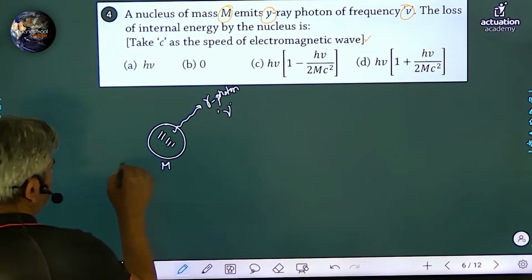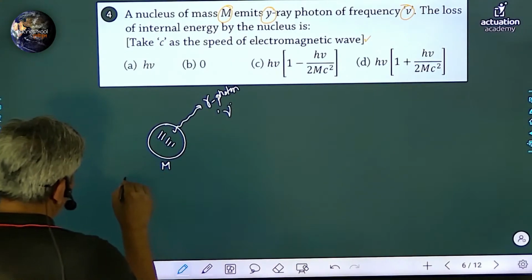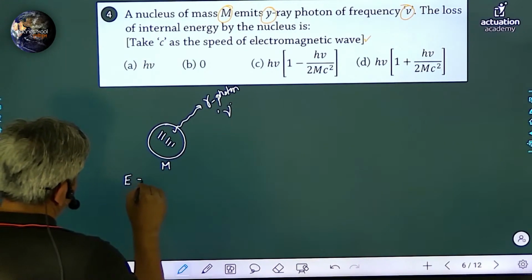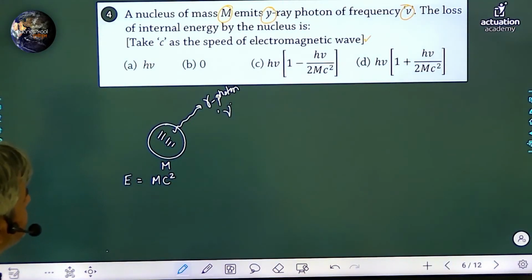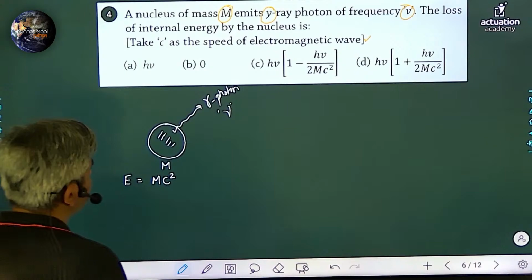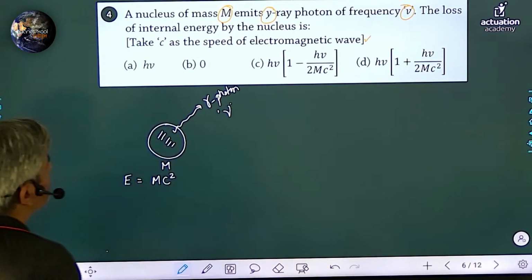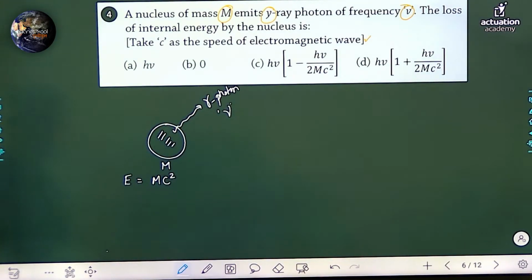The internal energy for this nucleus is equal to mc square. Now from here we can write down the loss. Okay, this was the original energy.